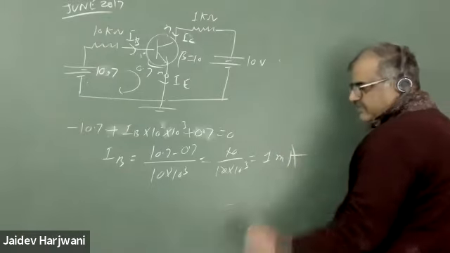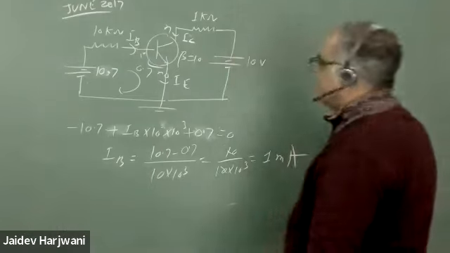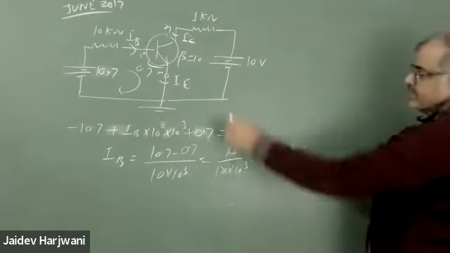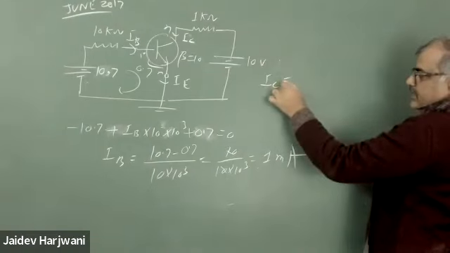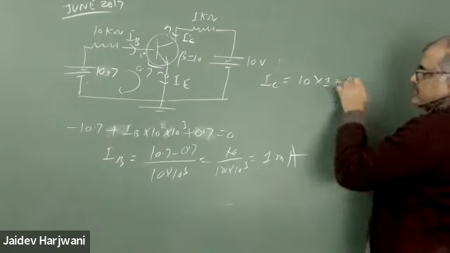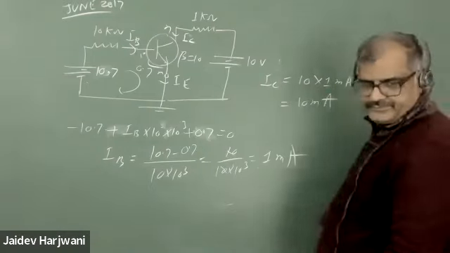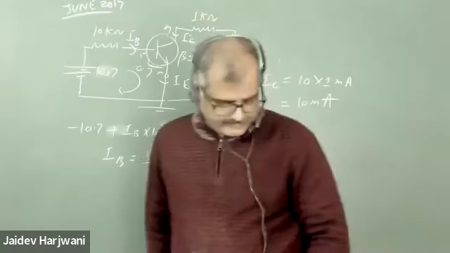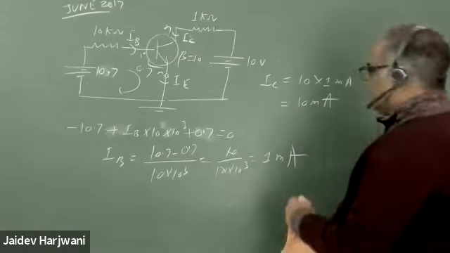And 1 milliampere is quite a high value for base current. Now beta value is given as 10. So your IC will be 10 into 1 milliampere, so your IC becomes 10 milliampere, quite a high value.